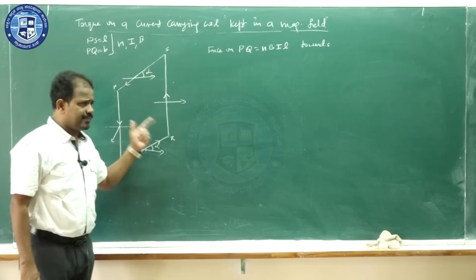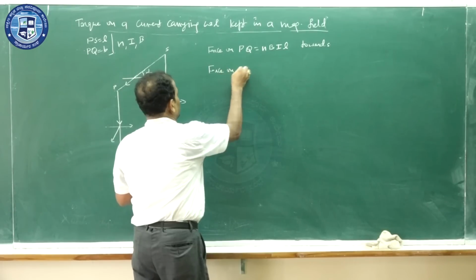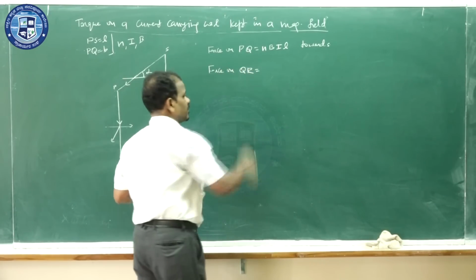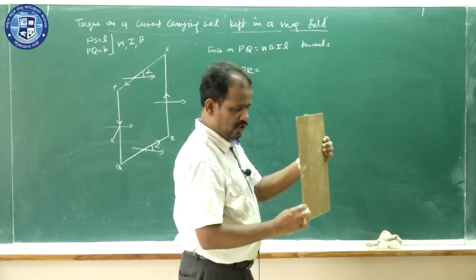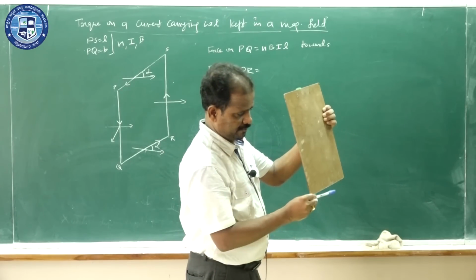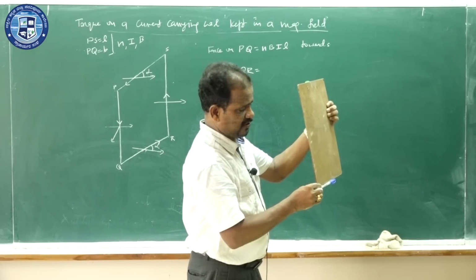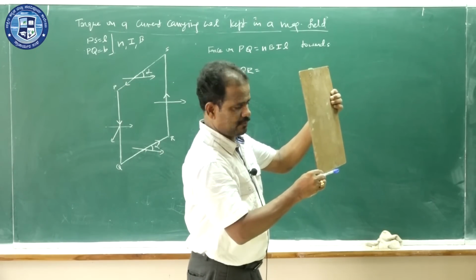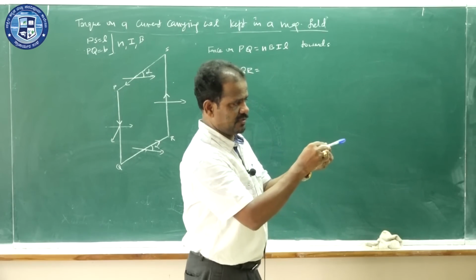Force on QR. Take the QR part. First the PQ part is this. The QR part is this. Clear now? This is the QR part. See here.